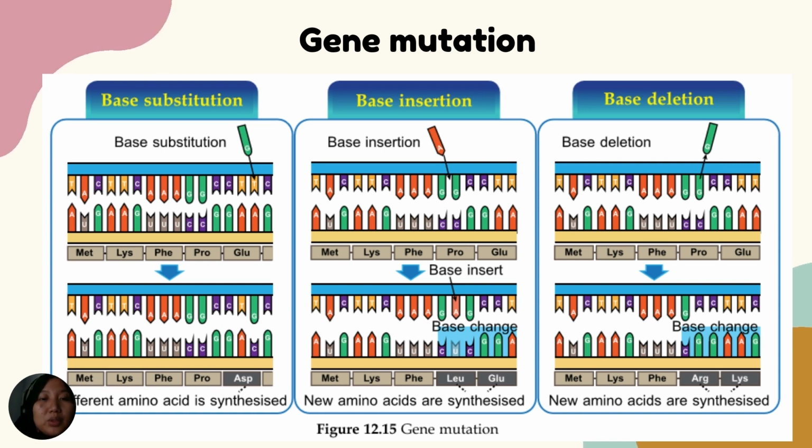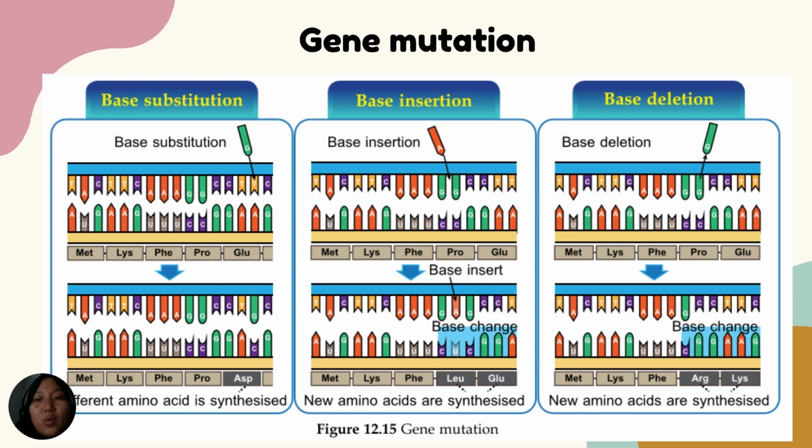All right, so substitution, insertions, and also the third one is deletions, meaning it has been removed. Let's say, for example, this is the original one, it has a base G, and then it is removed.